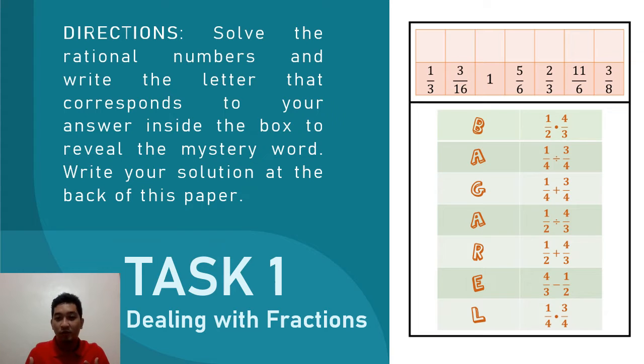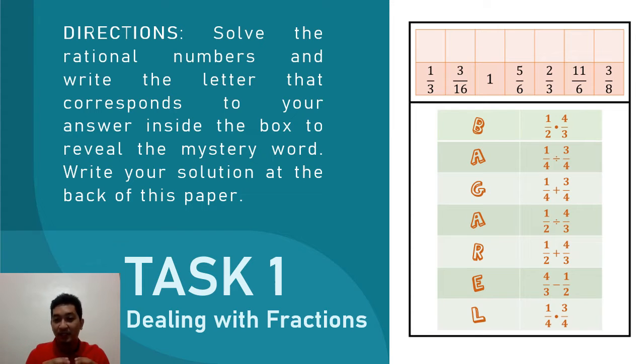You were given the fractions 1/3, 3/16, 1, 5/6, 2/3, 11/6, and 3/8. These are the answers of the rational numbers, with the corresponding letters B, A, G, E, R, G, A, R, E, L.